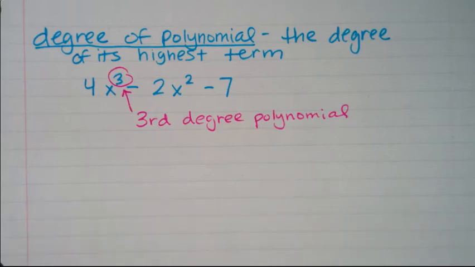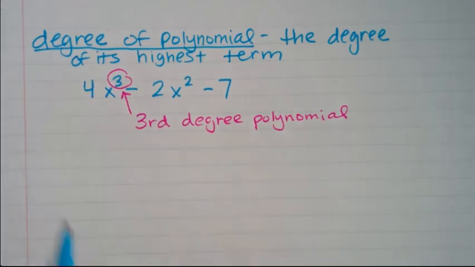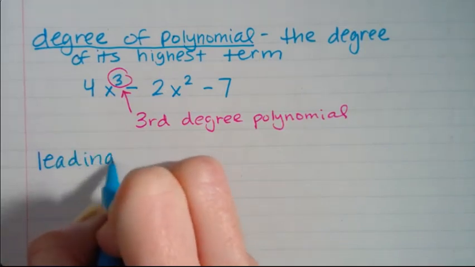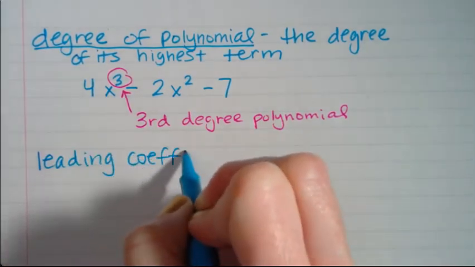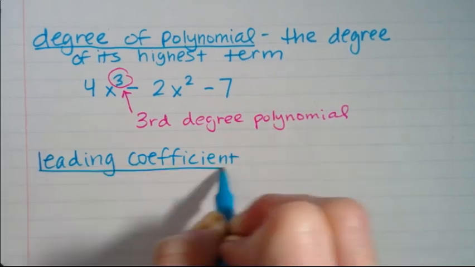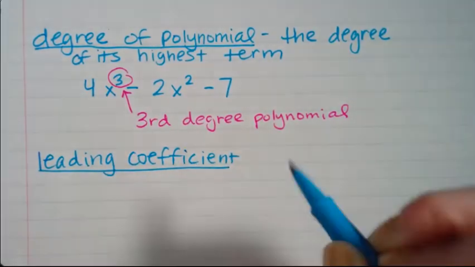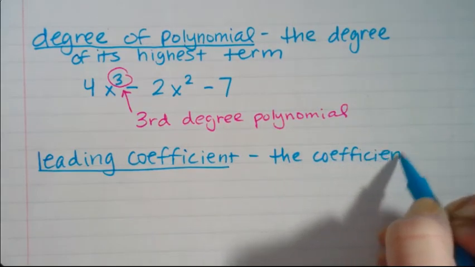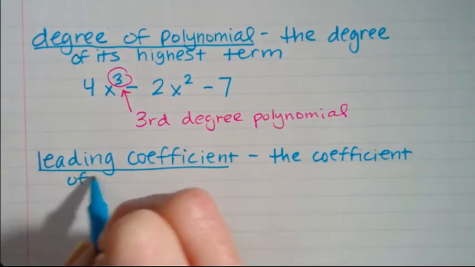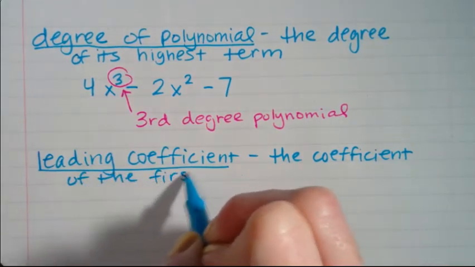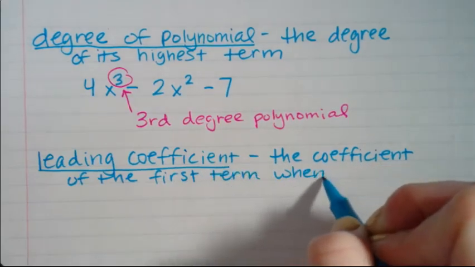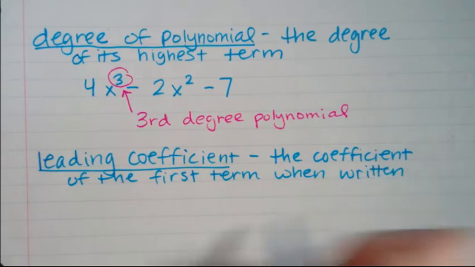And that's why it's important that we have an order, right? So the next word is actually going to connect up to here as well. Leading coefficient. So leading coefficient is the coefficient of the first term when written in standard form.